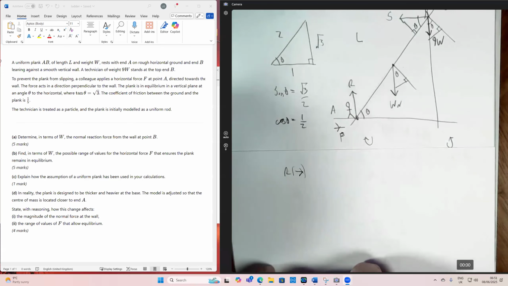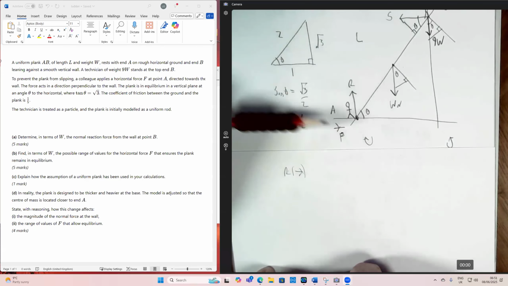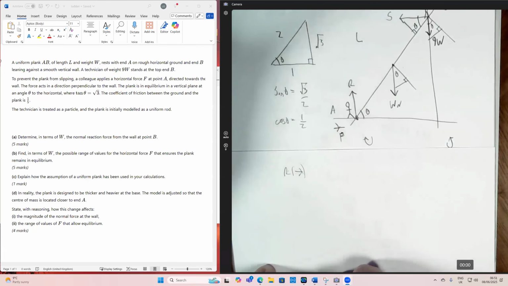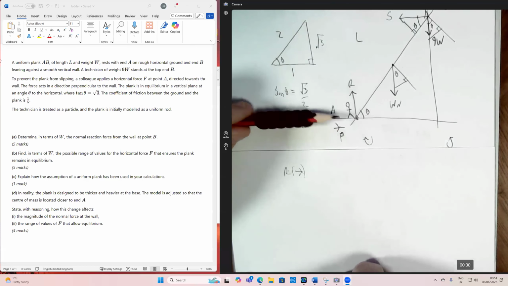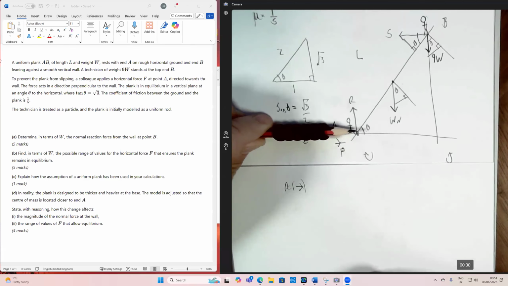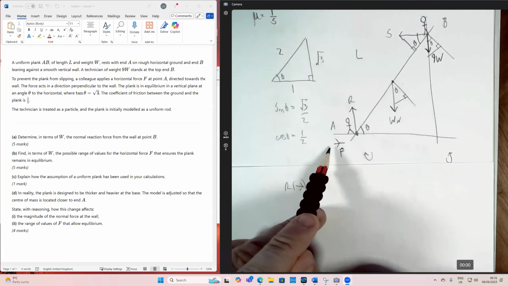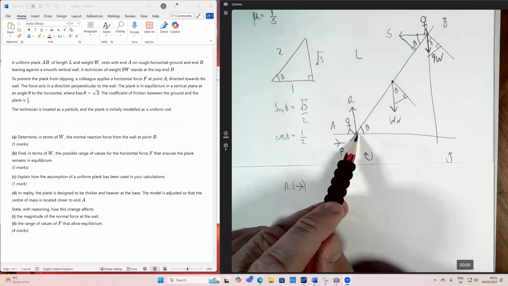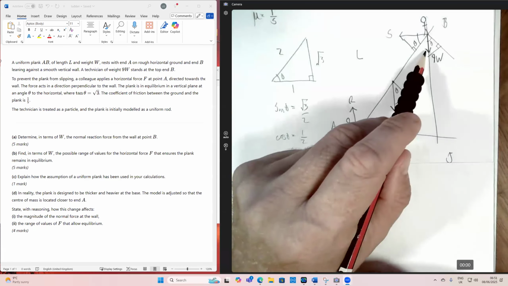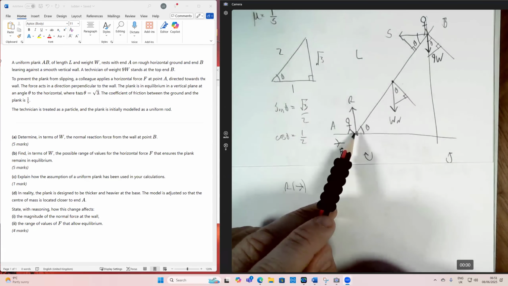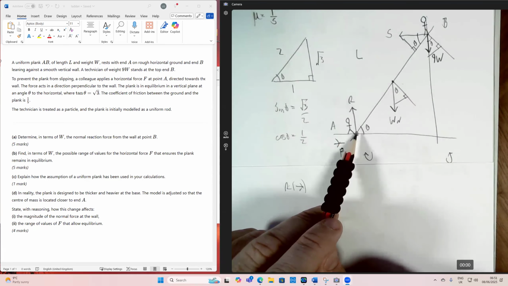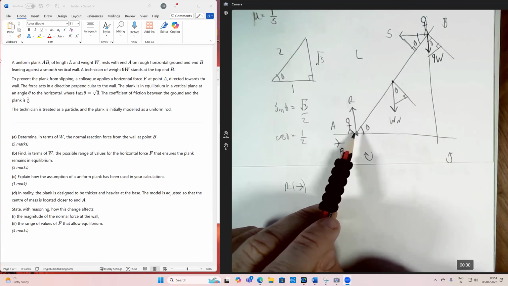Okay, now this is a crucial point. So this technician's assistant or colleague or whatever it is is basically footing the ladder essentially. So they're applying a horizontal force in order to stop the uniform plank from slipping. So they're applying this force, and it's just enough to stop the plank from slipping.